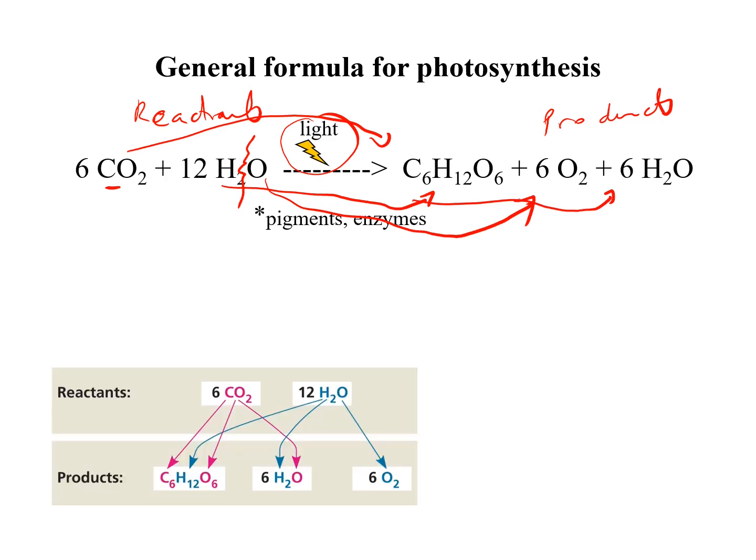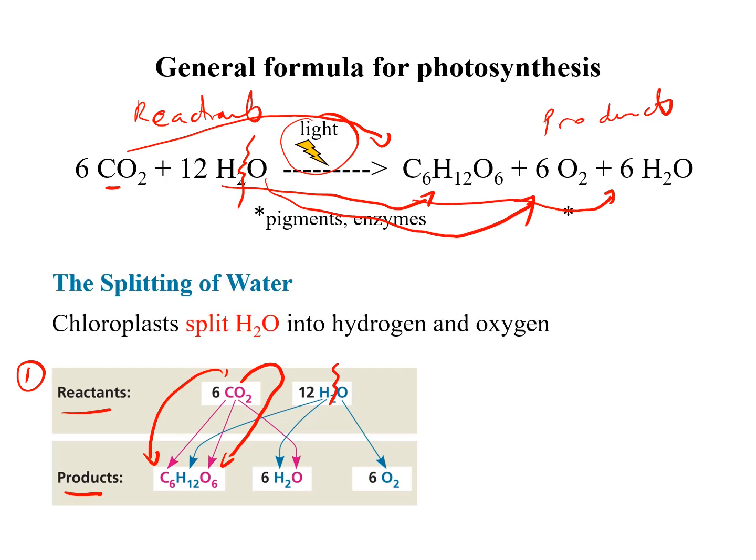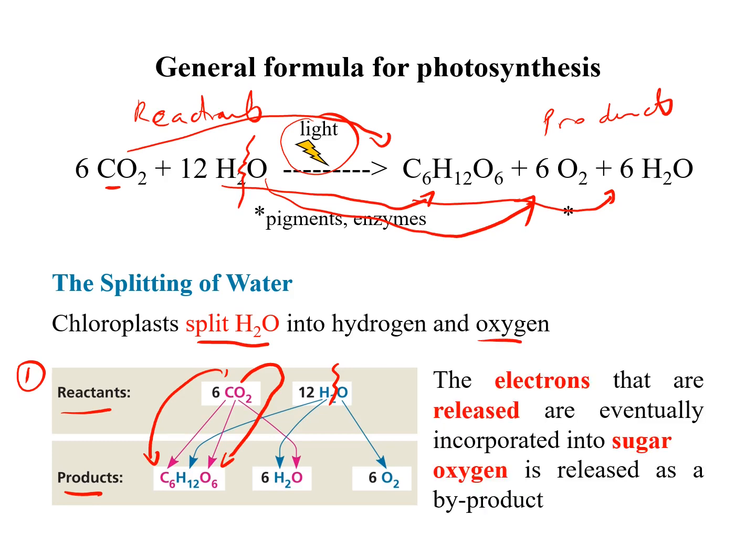So remember, you have two reactants during photosynthesis. The carbon will go to form the glucose. However, there is a process where you split the molecule of water. The chloroplast will split the water into hydrogen and oxygen, and the electrons released will incorporate into the sugar.